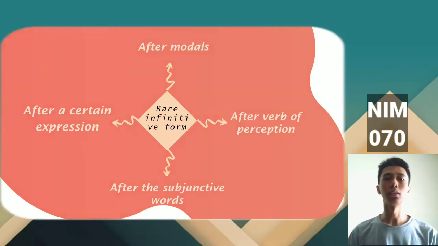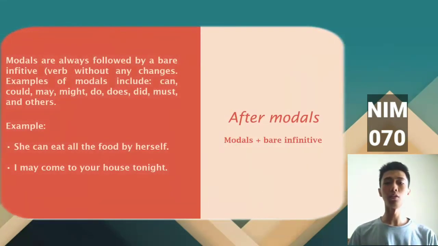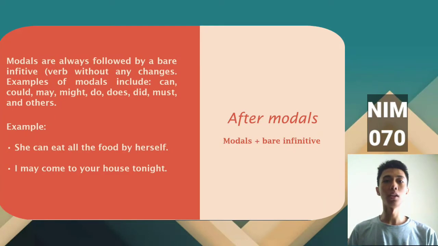The first one is after modals, with the general formula modals plus bare infinitive. We know that modals such as can, may, might, should, do are always followed by a bare infinitive. For example, she can eat all the food by herself.